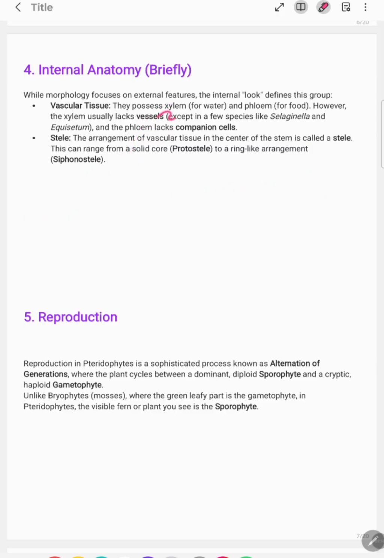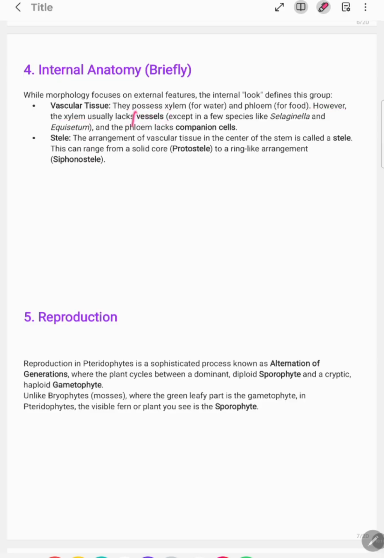The components of xylem are xylem vessels, tracheids, xylem parenchyma, and fibers. These all four are different cells. Now here the xylem lacks the vessels.